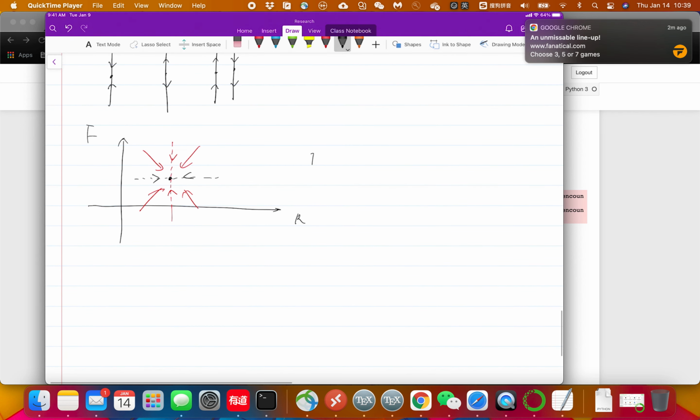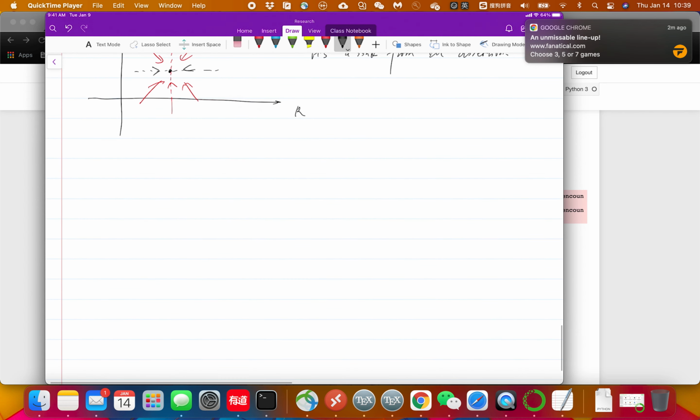So it's a sink from all directions. Even if for some direction it's a sink, for some direction it's a source, we cannot call it a sink. Anything like that, we'd call it a saddle point.